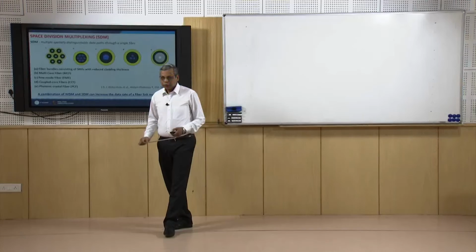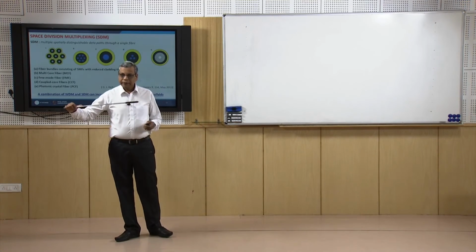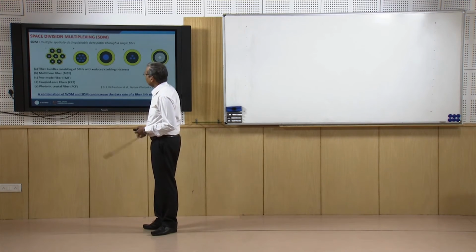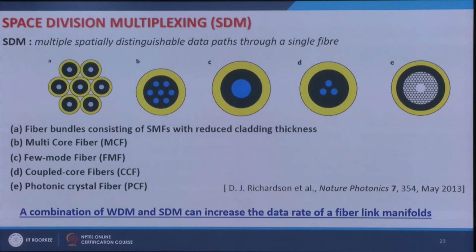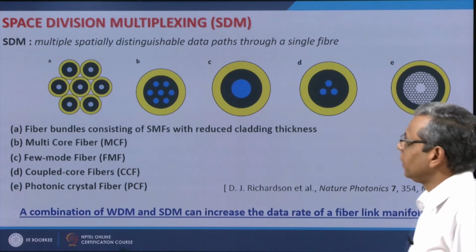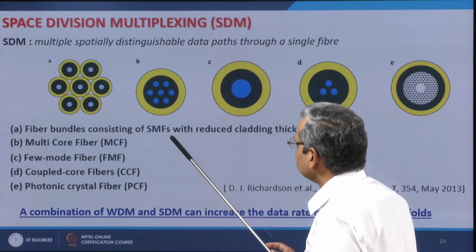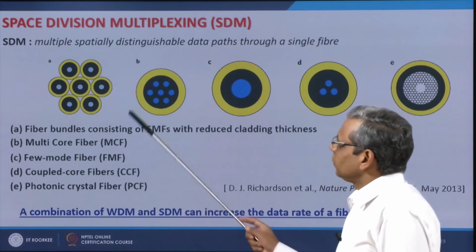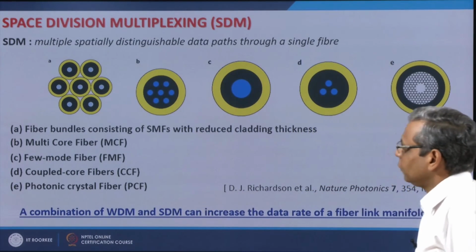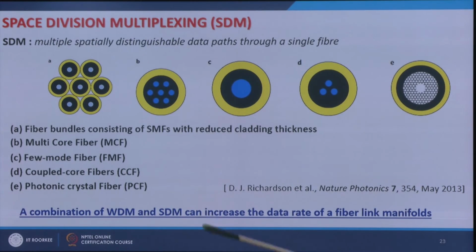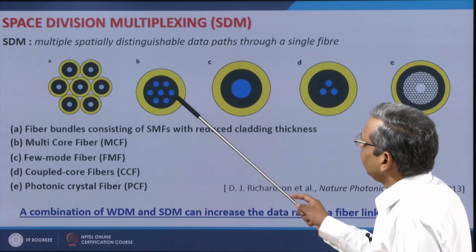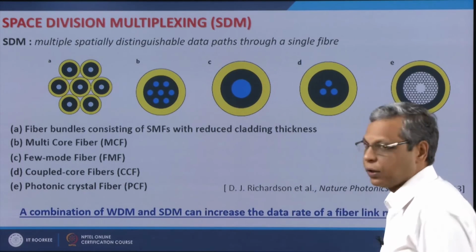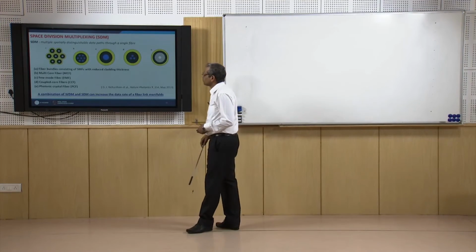So, apart from wavelength division, people are now looking at space division multiplexing, and this can be achieved through various routes. One is you can have fiber bundles consisting of several single mode fibers with reduced cladding thickness, but there is a problem of compactification in this kind of approach. Then people are using multi-core fiber, where you have multiple cores sharing the same cladding. So, here you will have to take care of the crosstalk between different cores.